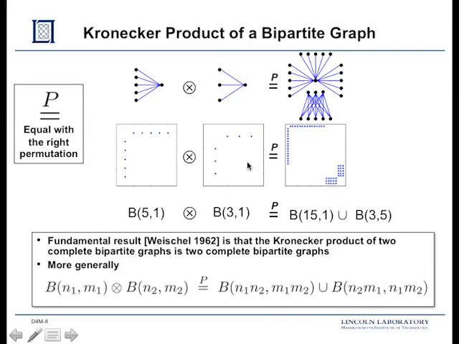If I Kronecker product two bipartite graphs, the result is two more bipartite graphs. As we see here, we've created this one and this one.